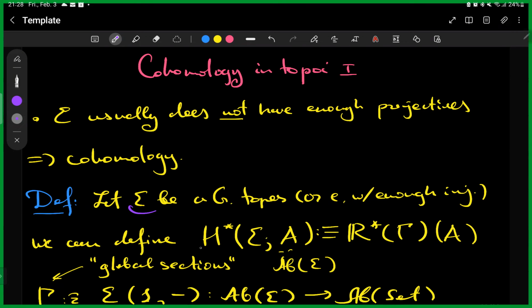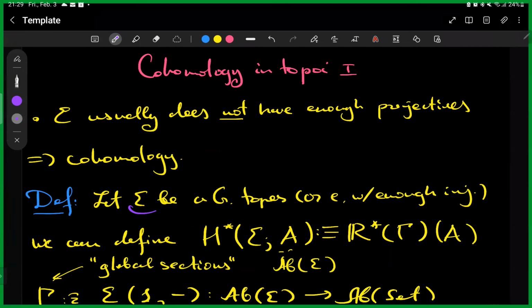Then we can define the cohomology of this topos with coefficients in an abelian group object in this topos as right-derived functors of global sections of this sheaf, so to speak. Global sections is just a functor from abelian group objects in E to abelian groups, given by taking morphisms from the terminal object into this object.